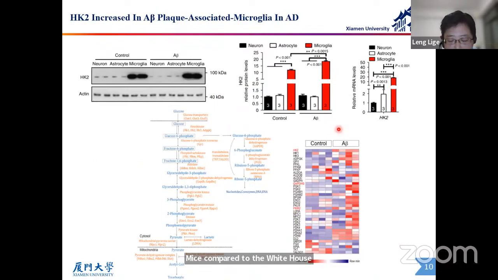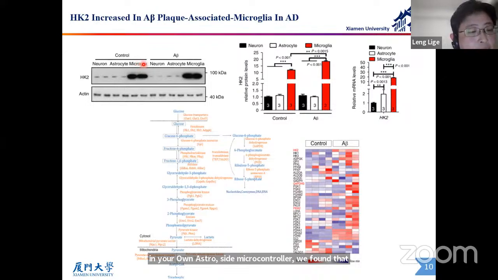By comparing HK2 expression in cultured neurons, astrocytes, and microglia, we found that HK2 was expressed most predominantly in microglia, and amyloid-beta administration significantly increased HK2 protein levels in primary microglia, but not in astrocytes or neurons.